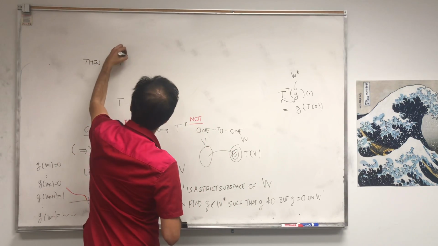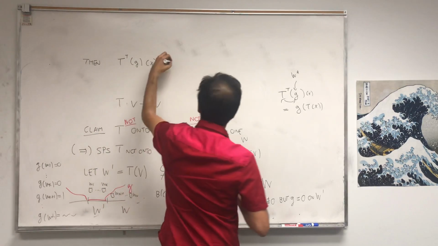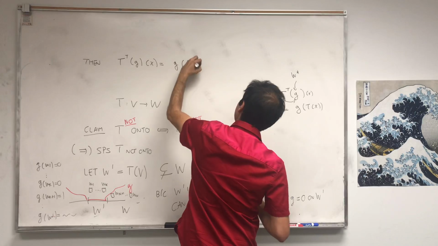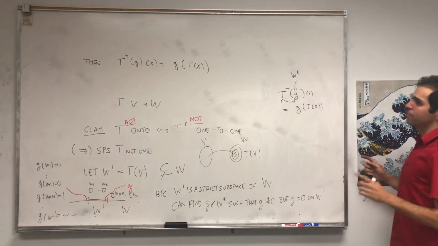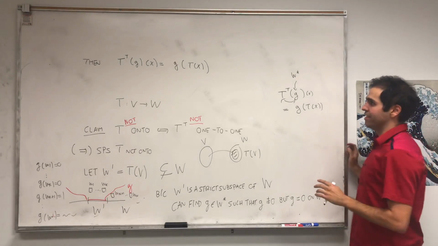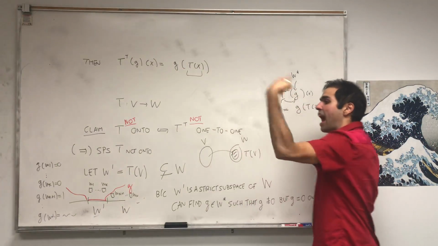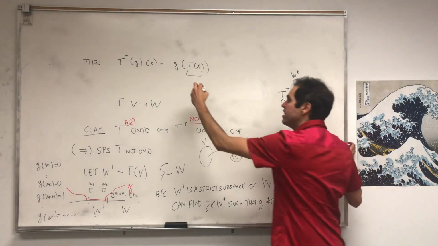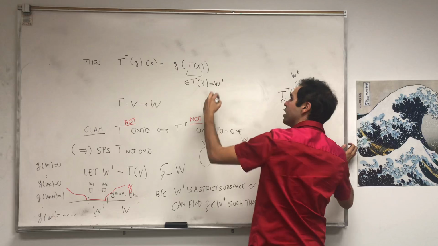T transpose G of X equals G of T of X. But look, and again, that's for all X in V. But T of X, it's an output of T, so it is in T of V, which is W prime.